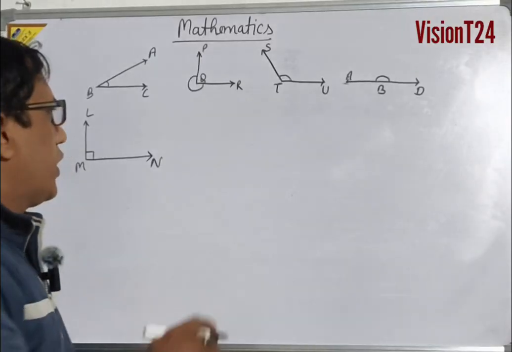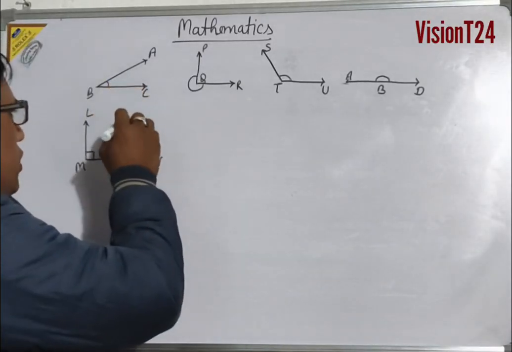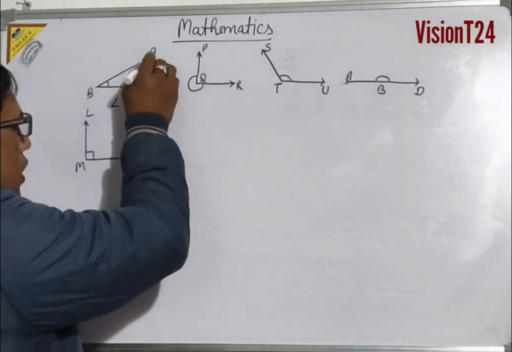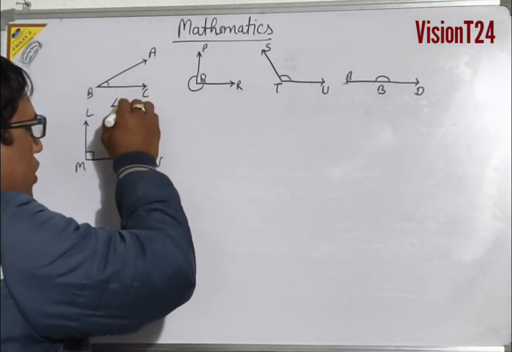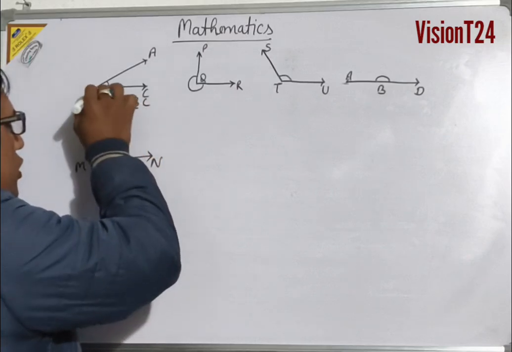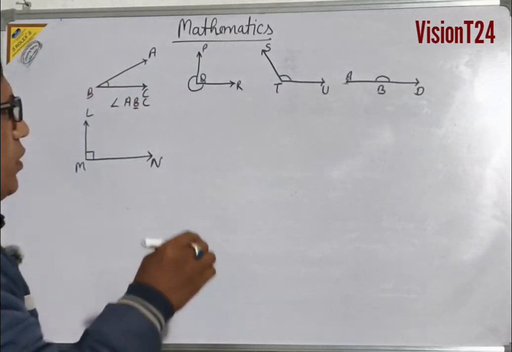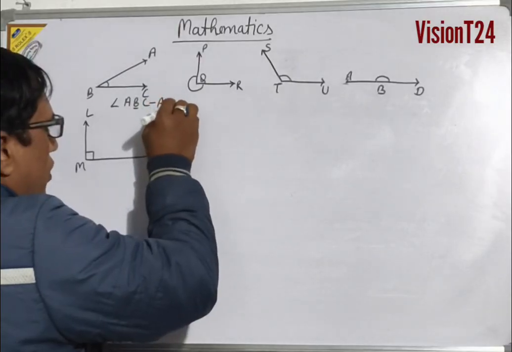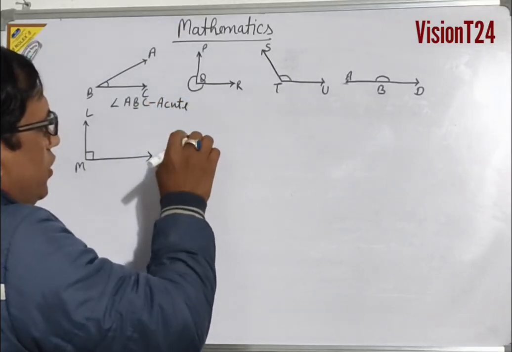First one, the type of angle, it is shown here. How will you name it? Angle ABC. B means midpoint, it shows the angle. What type of angle is this, class? That is acute angle. Right?